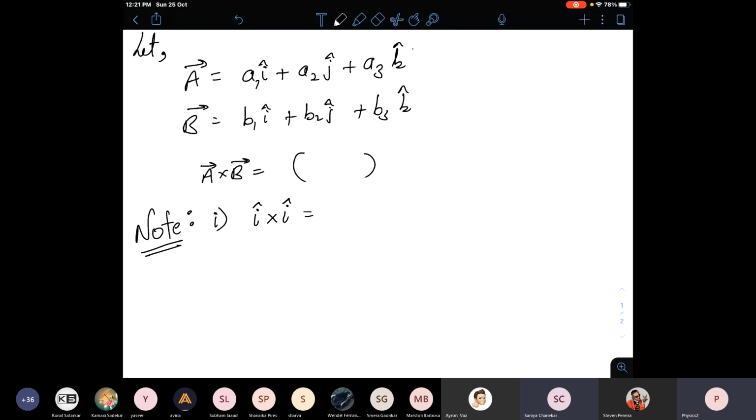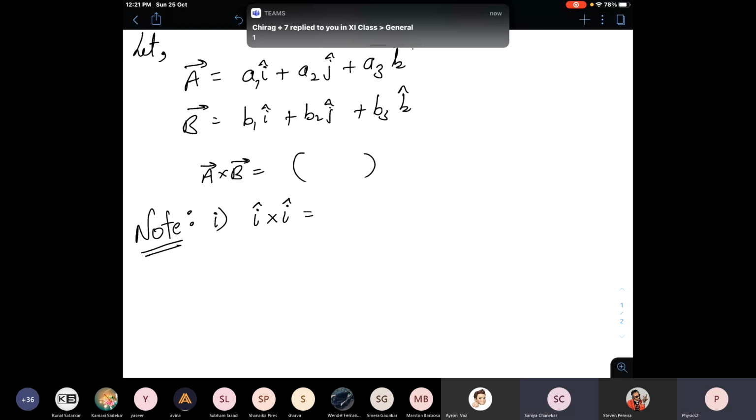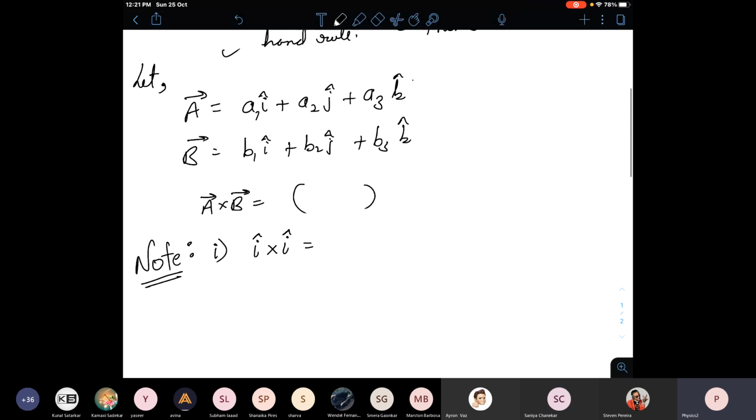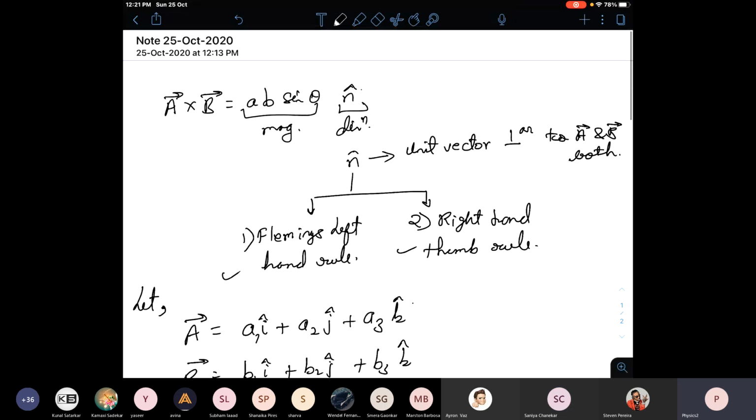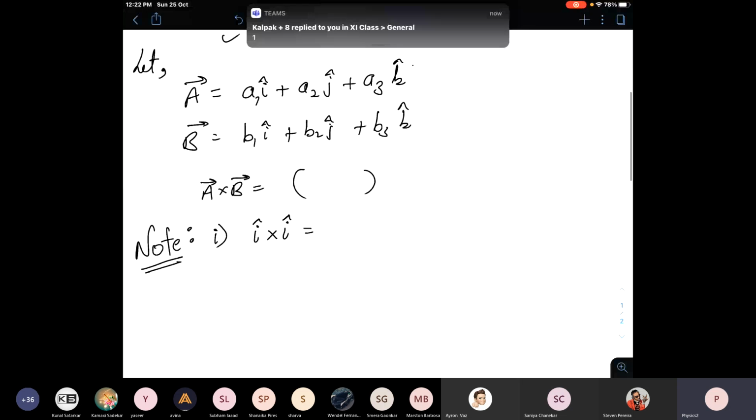Don't guess, try to calculate first. Okay, just try to solve it. Okay, you have the basics. Okay, you have this formula. Try to use this formula for I cap and I cap. So 0. That's it. Okay, not 1. It is 0.